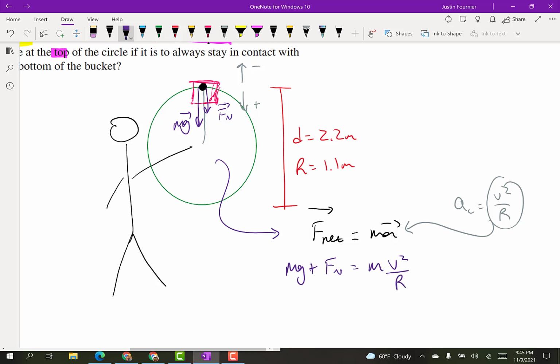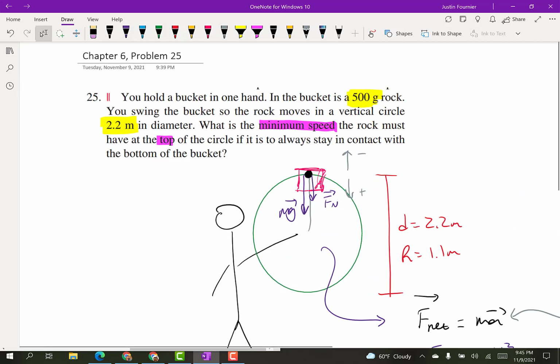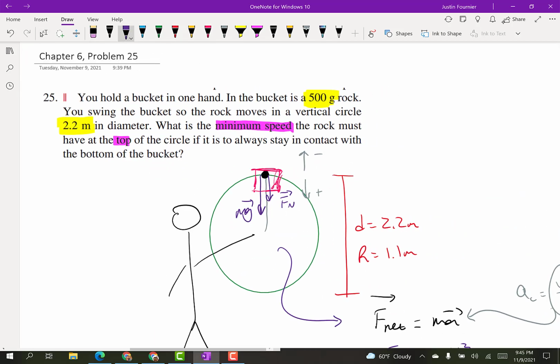Now, the last thing left to do here is that it's talking about the minimum speed required. We've done this for a couple of problems already in class. When we were spinning the ball on a string, the string goes slack if we don't have enough speed. Or on a roller coaster, if you don't have enough speed, the normal force goes to zero.